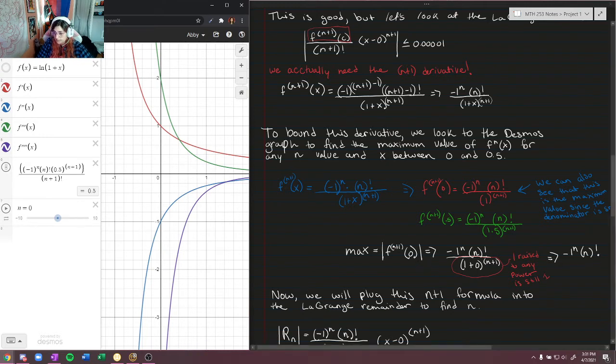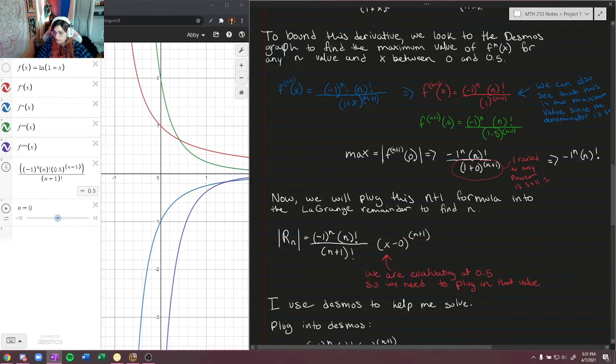On the denominator, we basically get 1 raised to some power. We can just leave that as 1 and get rid of the denominator, because 1 raised to any power is 1. So it simplifies to this.